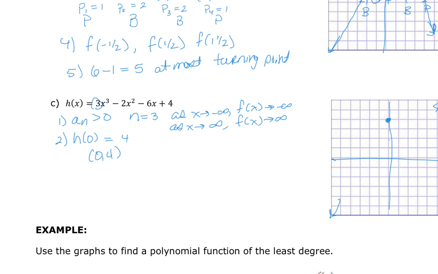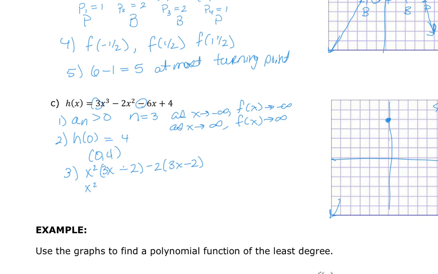Now, if you factored this by grouping, you would have factored an x squared out of the first group, which gave you 3x minus 2. If you factored out a negative 2 out of the next grouping, you get negative 2 times 3x minus 2.